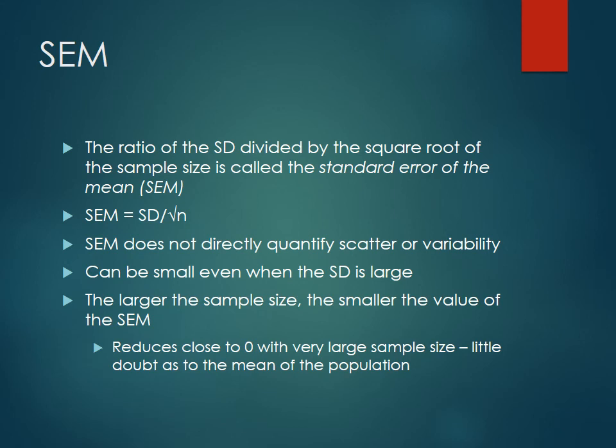If I was dealing with a small sample size, that makes my standard error of the mean larger. I'd be driving down my denominator, which makes the standard error larger, meaning I'm probably farther away. There's more chance that the average I have is not the same as the population's. A bigger sample size is going to get us closer to the actual population value.